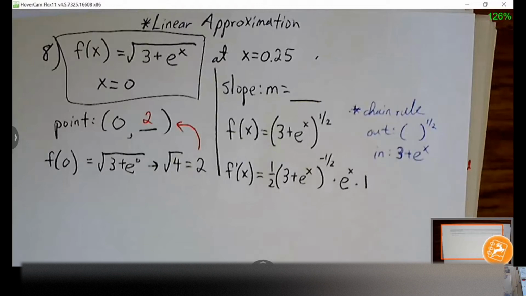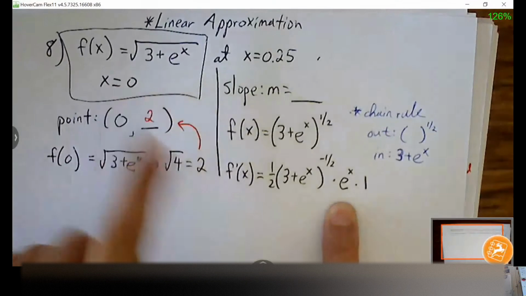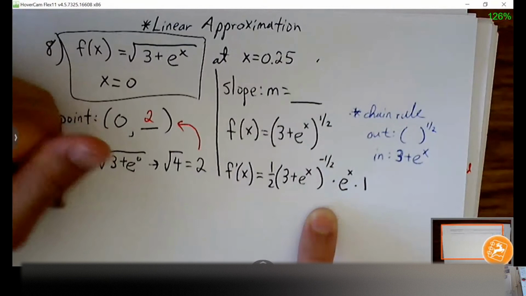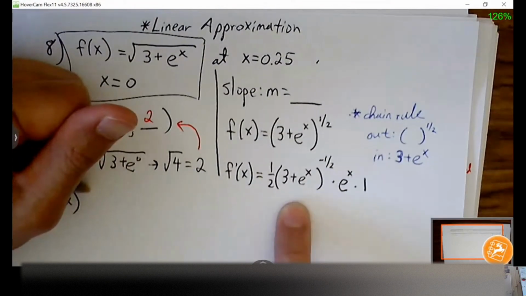We can use the derivative to find our slope. Enter 0 in. But here, I think I may want to do a little bit of cleanup before I enter in 0, maybe a little cleaner here.